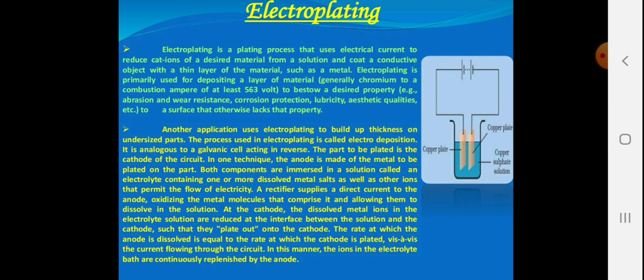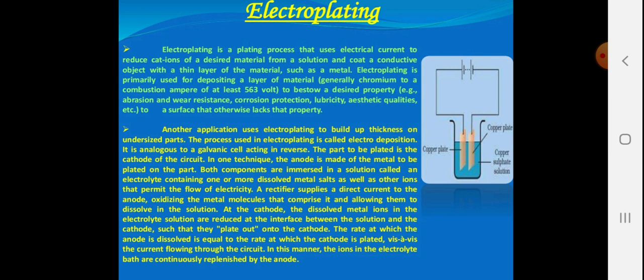Electroplating is primarily used for depositing a layer of material, generally chromium, to bestow the desired property on the surface that otherwise lacks that property.